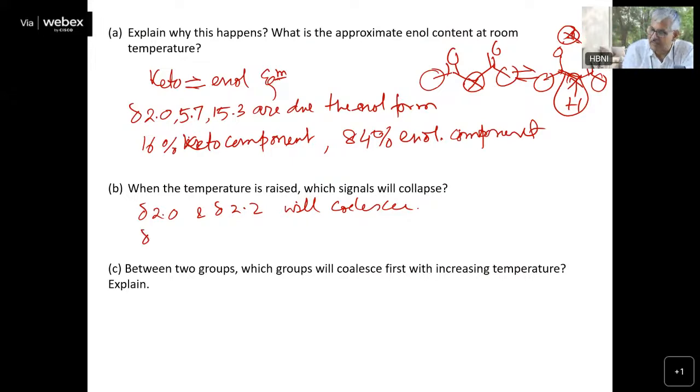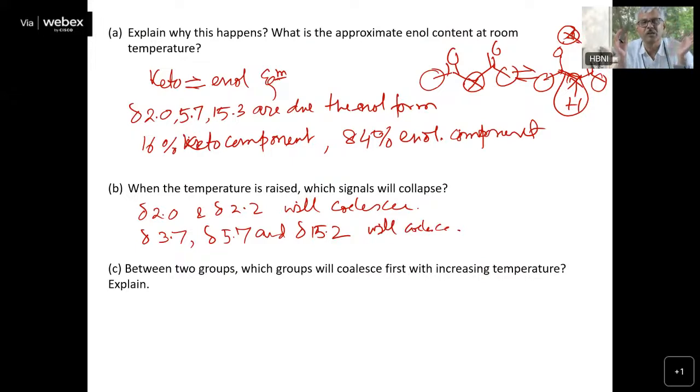So delta at 3.7, delta 5.7, and delta 15.2 will coalesce. So you will have two groups of protons.